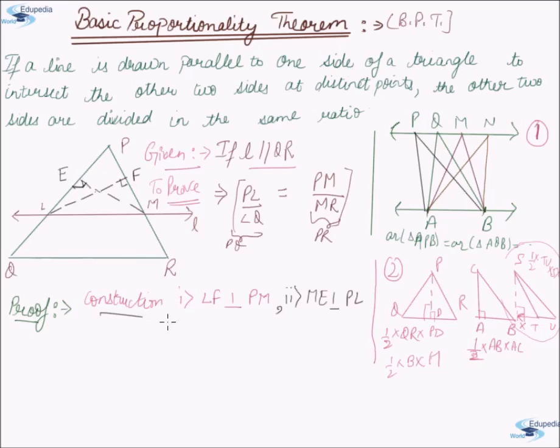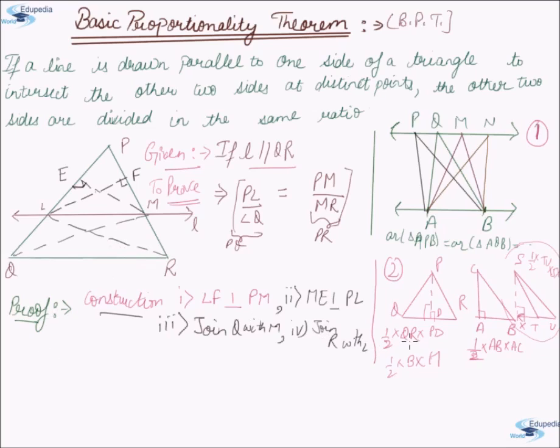Further, some additional construction needed is join Q with M, and lastly we need to join R with L. Now Q with M is joined like this, and L with R is joined like this.